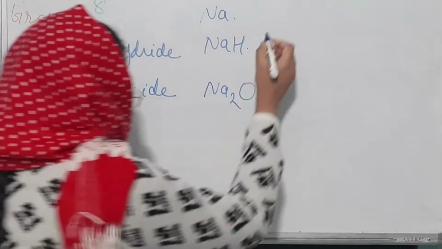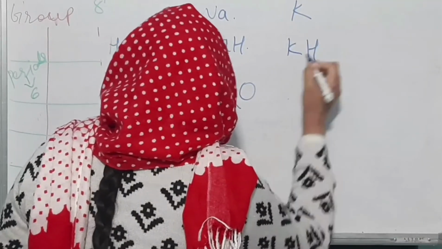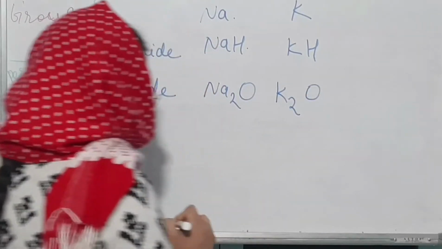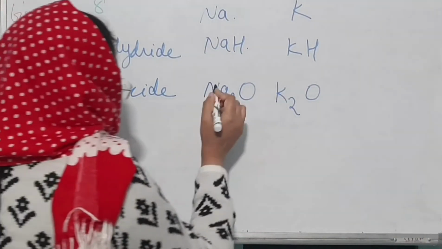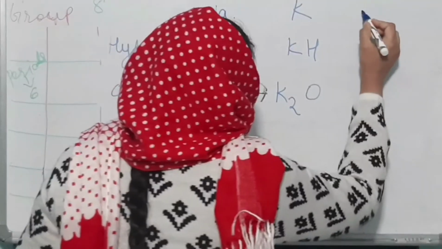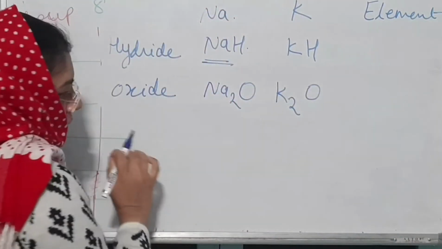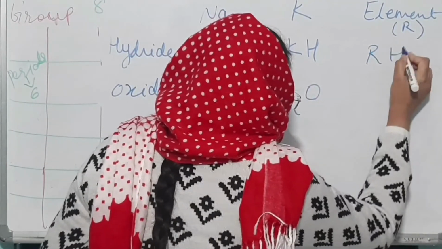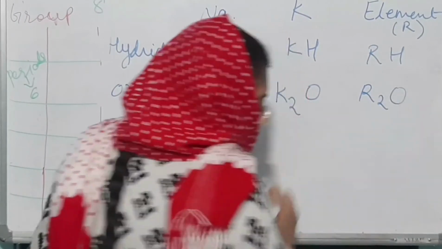Okay. Now let's take the example of potassium. With hydrogen it comes out to be KH, and with oxygen it comes out to be K2O. If we take R as a representative of elements, then the formula for hydrides comes out to be RH, and for oxides it comes out to be R2O.